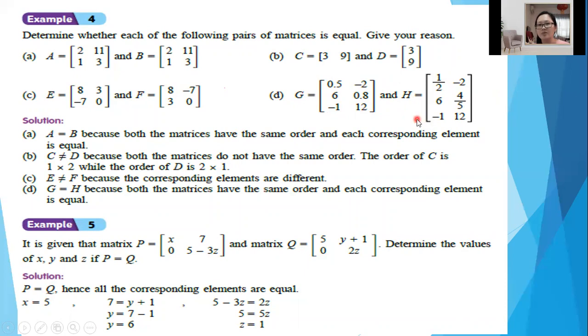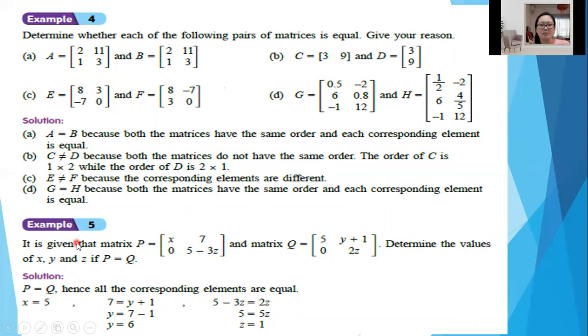Negative 1, negative 1. 12, 12. So since they have the same order and same corresponding elements, we say they are equal matrices. Okay? So since they are equal, we can use them to solve problems.